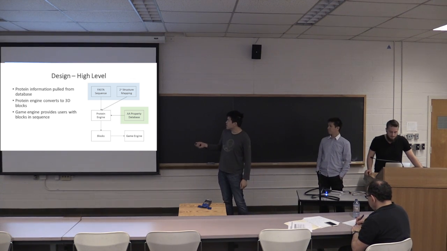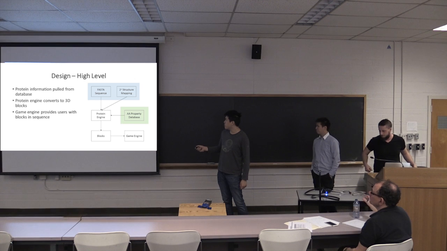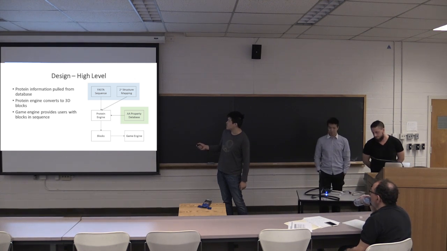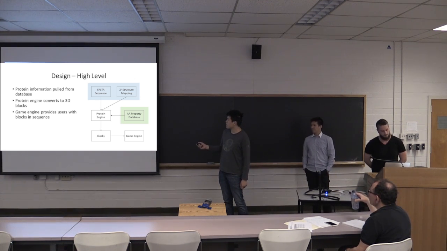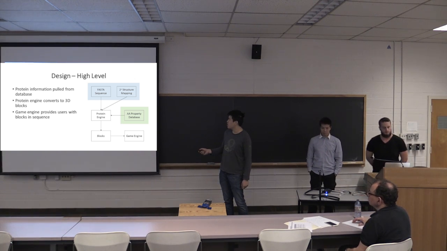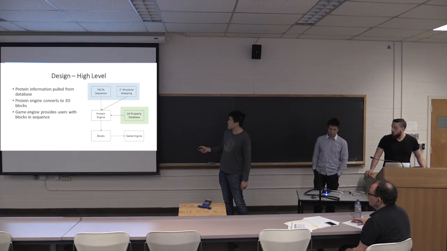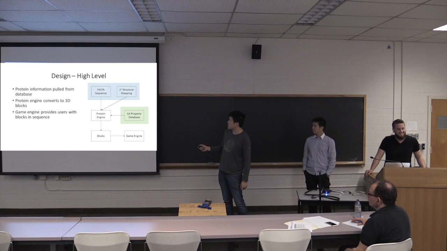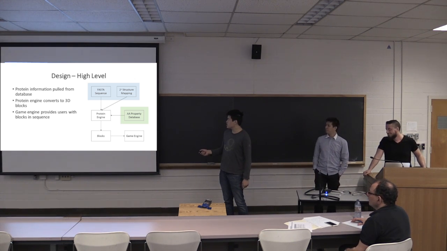As we can see here, the block diagram provides an overview of our high-level design. The main responsibility of the protein engine is to store both the FASTA sequence data and the structure mapping information.